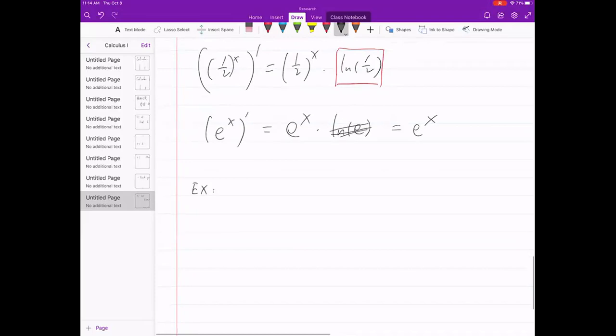Let's do 2 to the 3 to the cosine x squared, prime. Okay, try that.